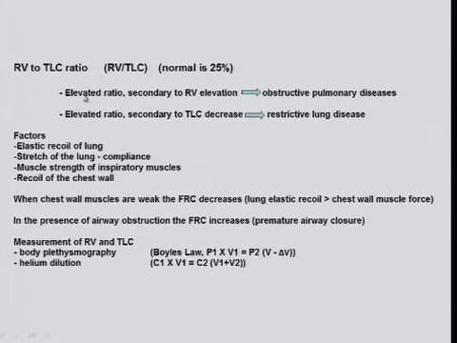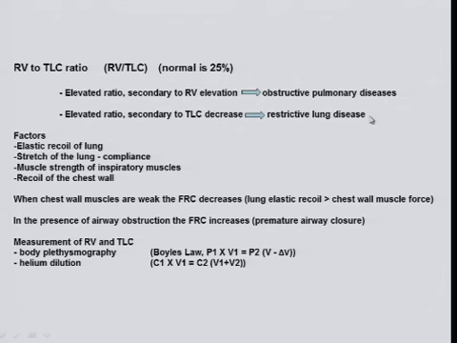However, if we have an elevated ratio secondary to residual volume elevation, so that means total lung capacity may be the same, but residual volume is increased. That's an indicator of obstructive pulmonary disease. Likewise, if we have an elevated ratio secondary to total lung capacity decrease, that's an indicator of restrictive lung disease.